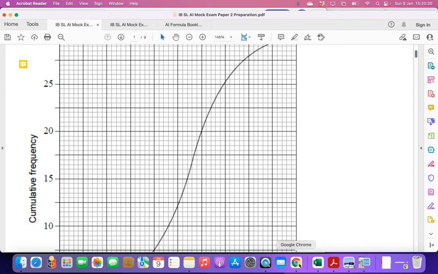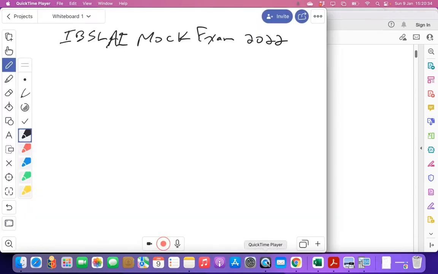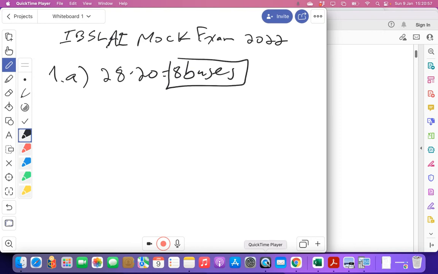For the workings, each question goes on a new page. I'm going to use the outline format that's given, so my workings are just 28 minus 20, which is 8 buses for the first question.